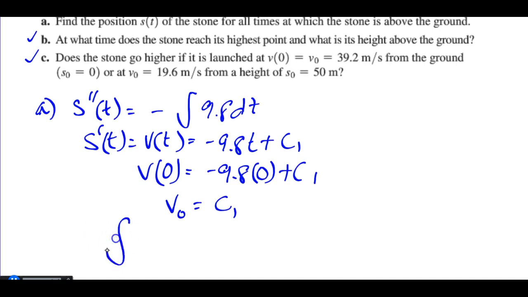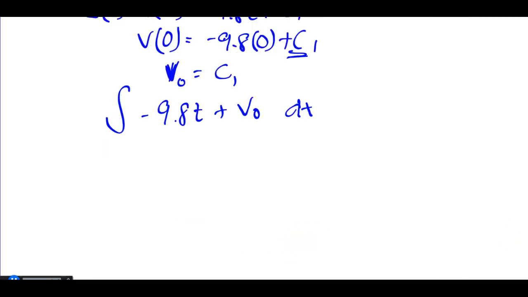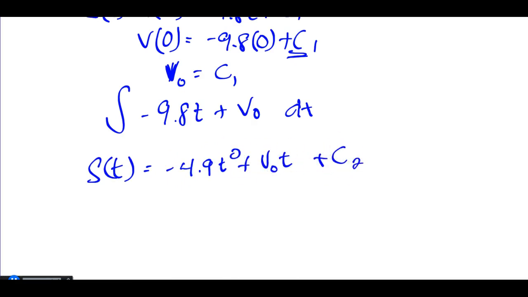So if we want to find the position function, we can just integrate negative 9.8t plus v sub 0, which is my constant. I'm going to call it v sub 0 because that's my initial velocity, dt. If I continue integrating this, I'll get the position function: negative 4.9t squared plus v sub 0 t plus some other constant.